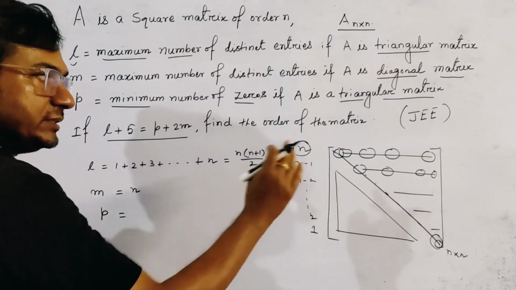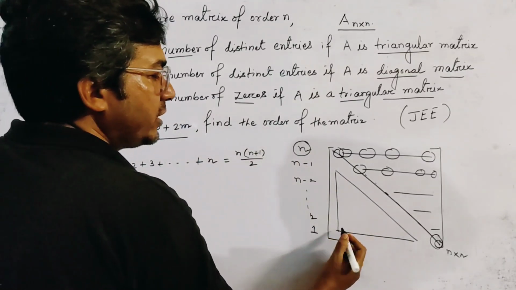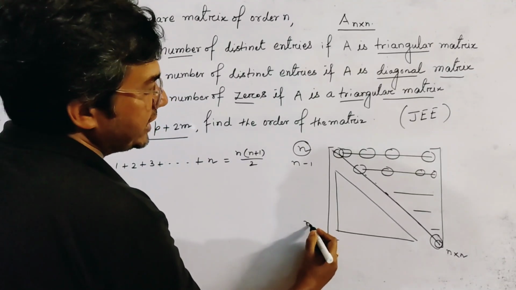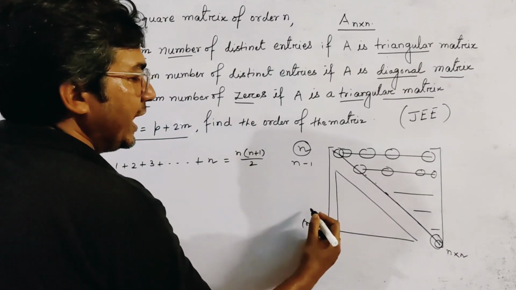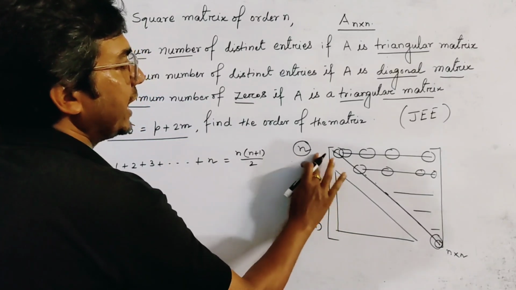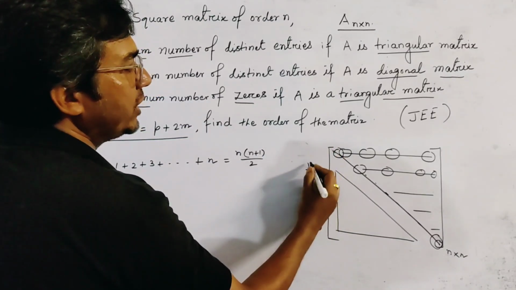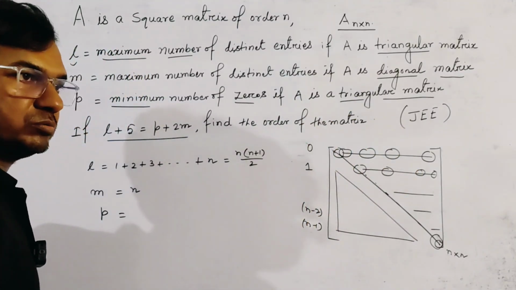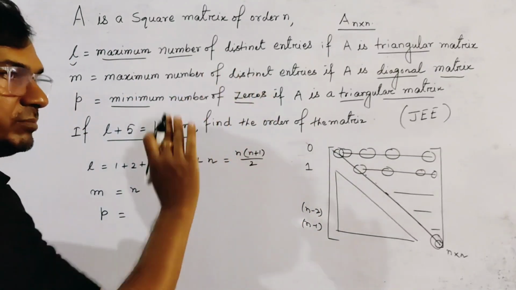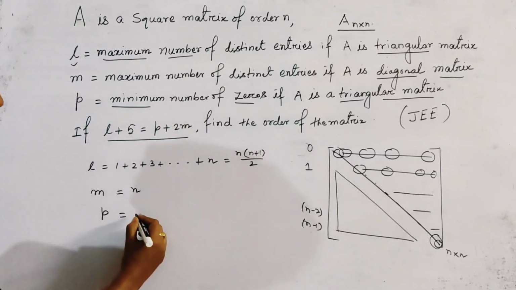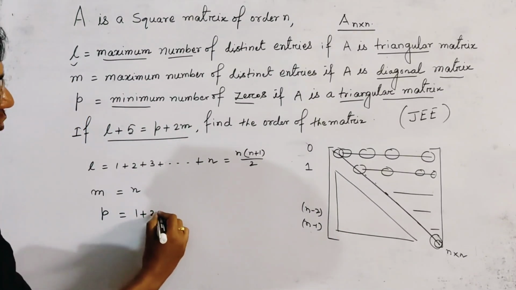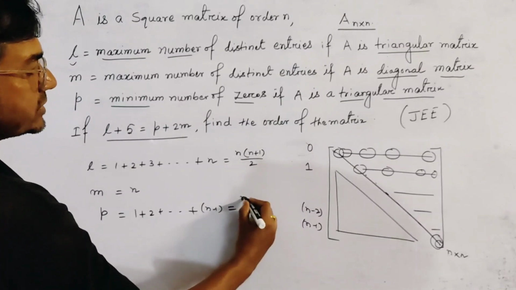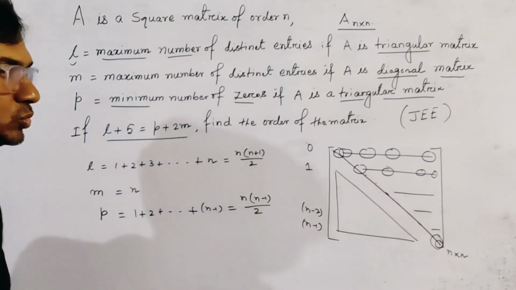To count these zeros, we start from the last row first, and we get n minus 1 zeros, then n minus 2 zeros, and then 1 zero here, and we get 0 zeros in the first row, for making a triangular matrix. Then we get P equal to 1 plus 2 plus up to n minus 1, and this value is n into n minus 1 by 2.